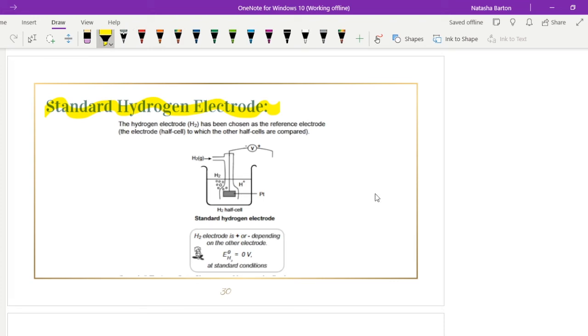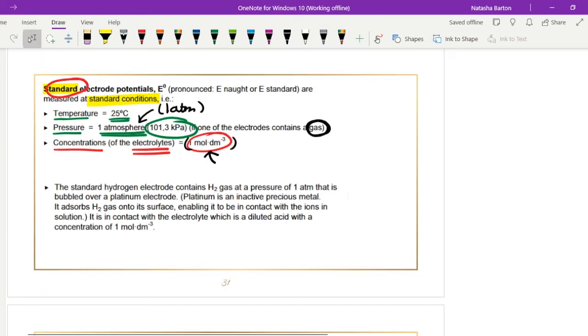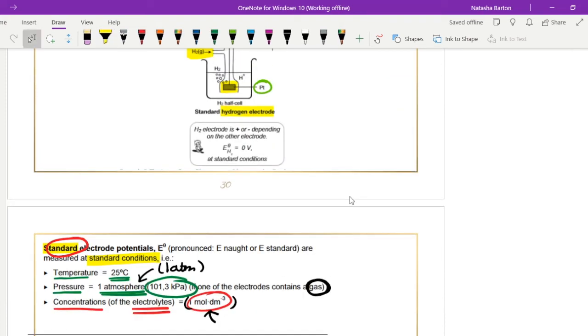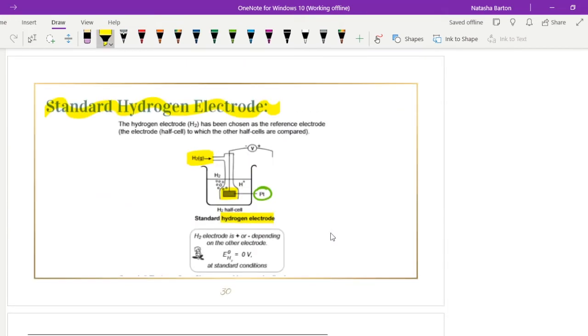Now, notice over here that our standard hydrogen electrode looks a bit different. We have gas in this case, and we have a platinum electrode which is inactive. What basically happens here is that in your standard hydrogen electrode, we have hydrogen gas at a pressure of 1 atmosphere that is bubbled into the cell over here.